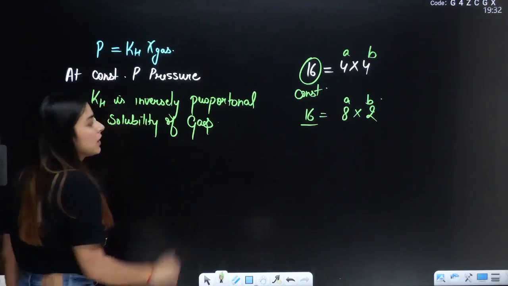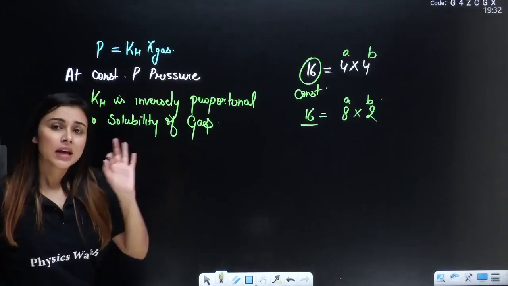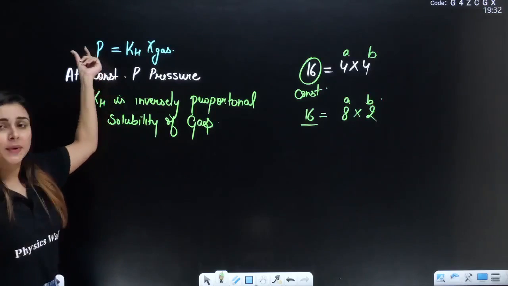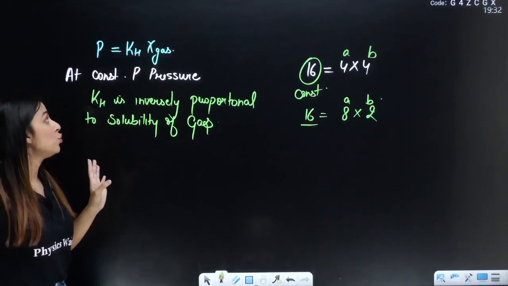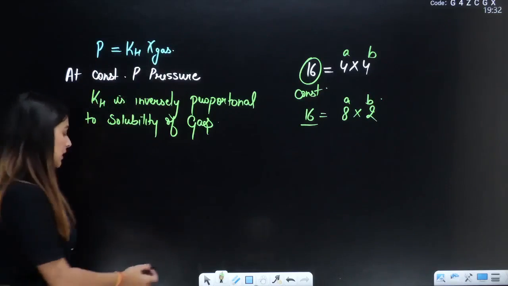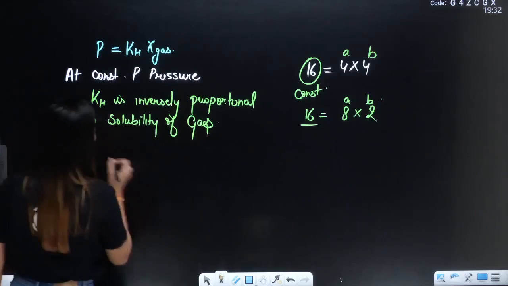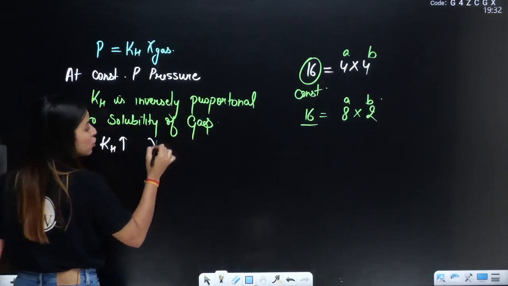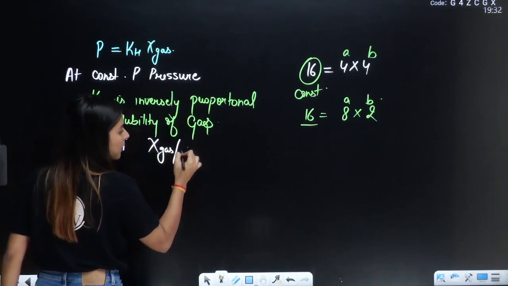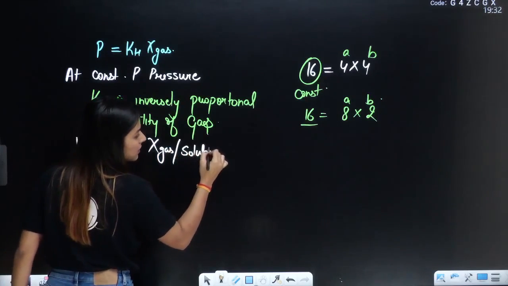I hope this is clear. As long as your pressure is constant, your KH will be inversely proportional to the solubility of the gas. That is, if you increase the KH value, the solubility of the gas will decrease.